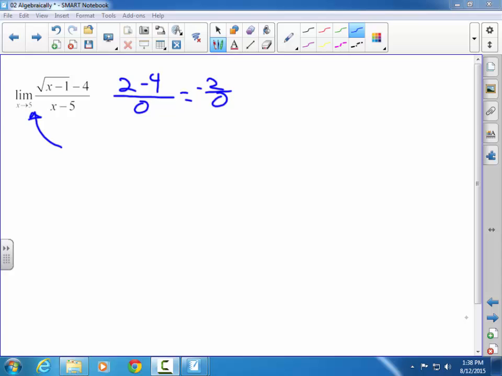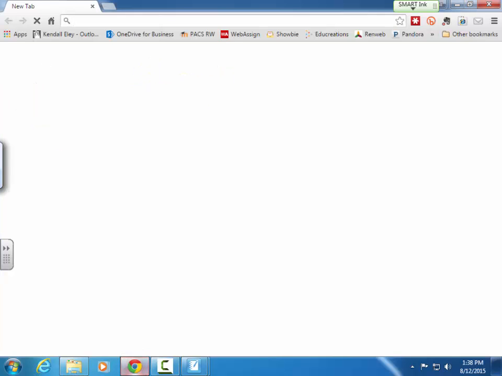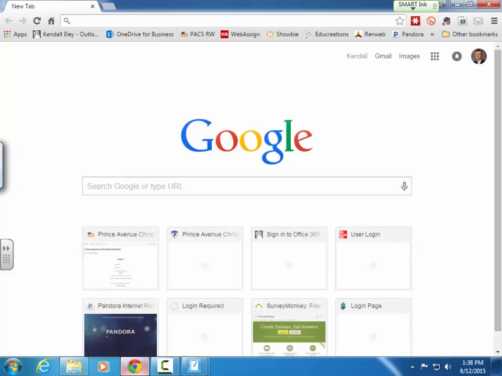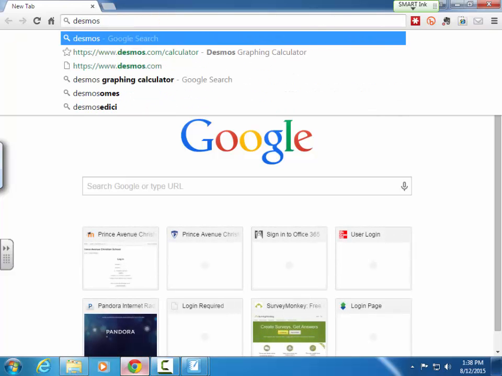That tells us that we've got 3 choices for our answer, right? Infinity, negative infinity, or does not exist. So how do you want to determine which of these 3 it is? Are you going to graph it, or are you going to plug in numbers close to it? I like graphing too. So if I were you, I would pull out my handy-dandy calculator and graph this puppy. I am going to pull out my Desmos calculator.